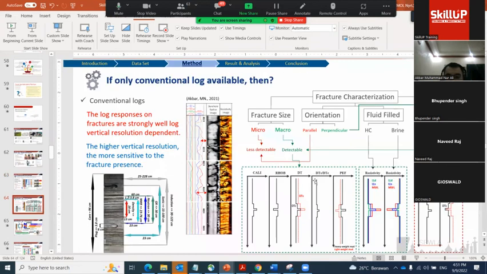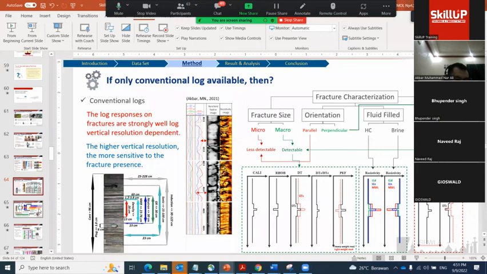We try to connect how the presence of the fractures relates to the conventional logs, and we try to understand every kind of log response in order to identify fracture presence. Since the log responses really depend on the vertical resolution, higher vertical resolution is more sensitive to fracture presence, but it's not always like that.